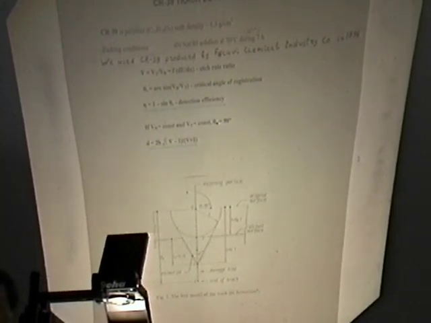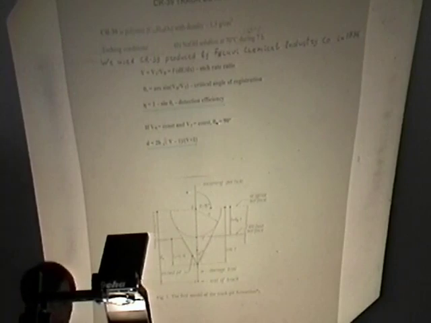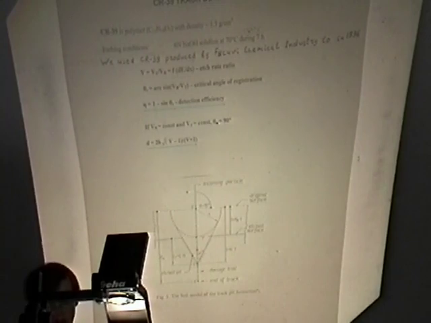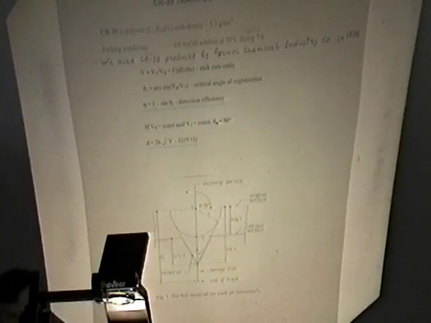The basic characteristics of track detectors are the etch rate ratio V, which is a function of ionization energy loss, and the critical angle theta c, the minimum angle of direction of the particle at which it can produce a track.